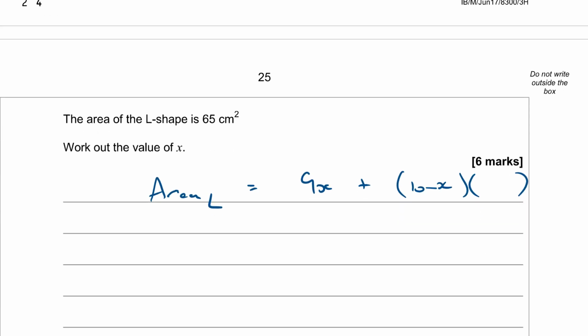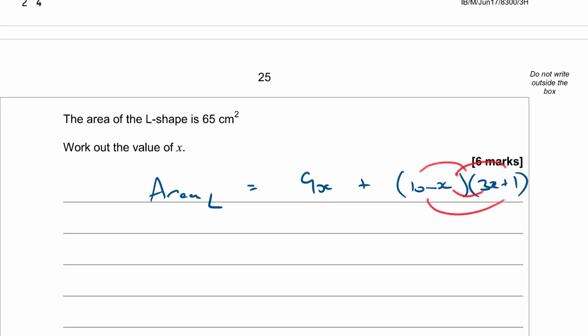Now I know that's equal to 65. So I need to multiply out these two brackets, combine with the 9x and the 65, and then we'll have a quadratic that we can solve for x. So that's my plan of action.